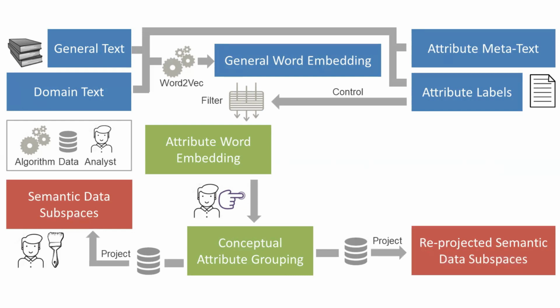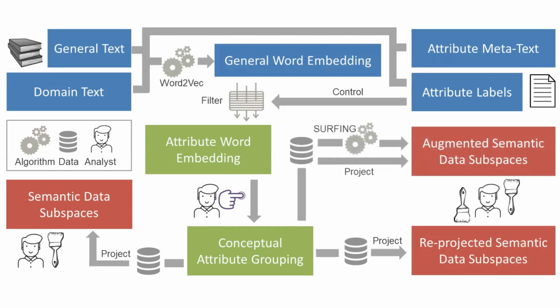And then you can take any subspace algorithm, for example surfing, to extend those thematic subspaces further to discover interesting relationships that don't go with the themes only. So basically now you venture out and see if there's any other attribute that might be interesting in the context of these themes, and we call that the augmented semantic data subspace.